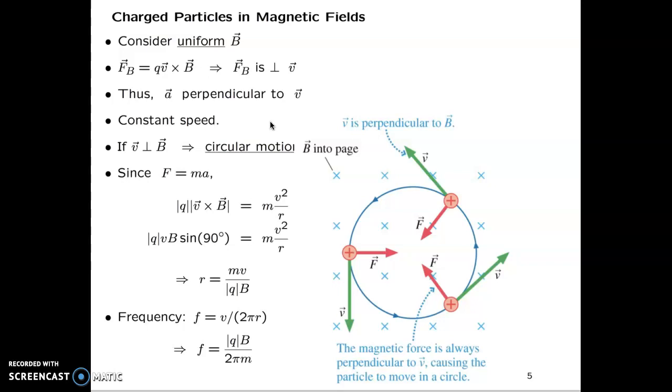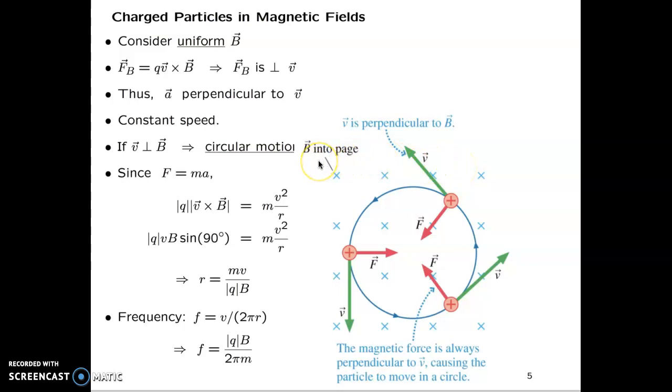But the reason it's accelerating is not because the speed is changing, but because the direction of the velocity will be changing. So if you put all this together, you have an acceleration perpendicular to the velocity, and constant speed, meaning the speed of the charged particle will not change.